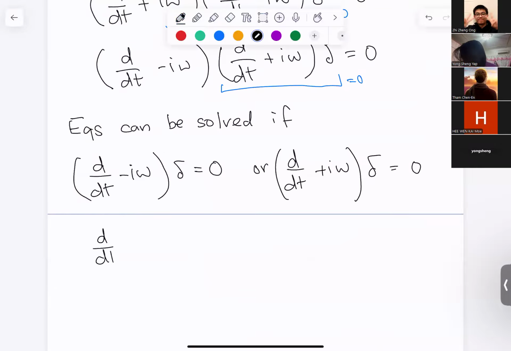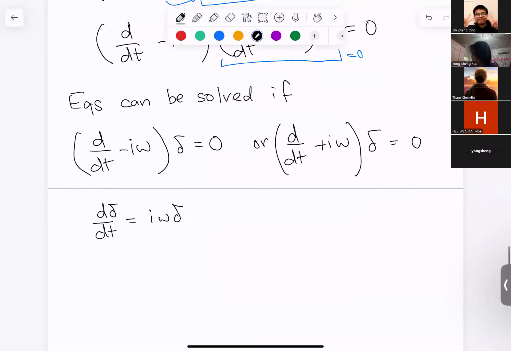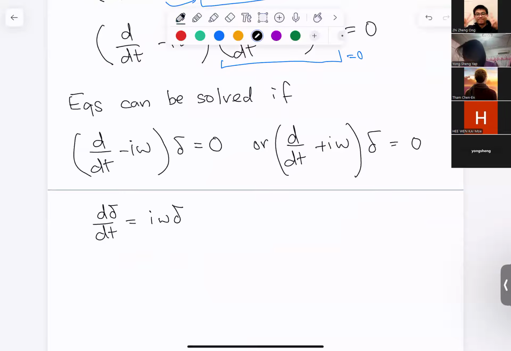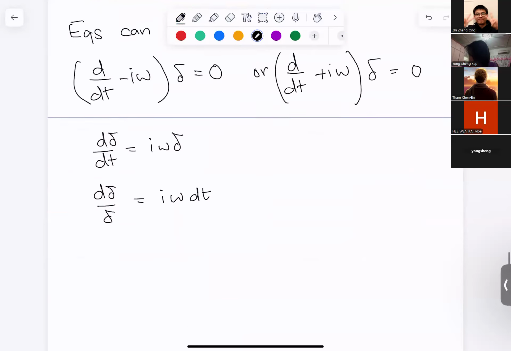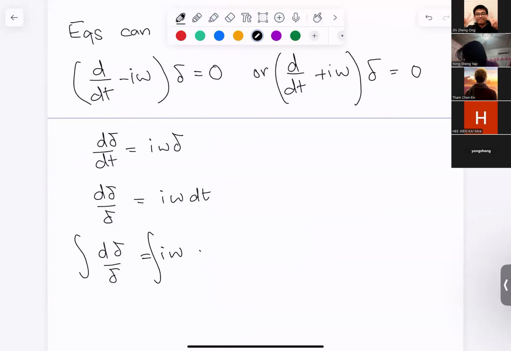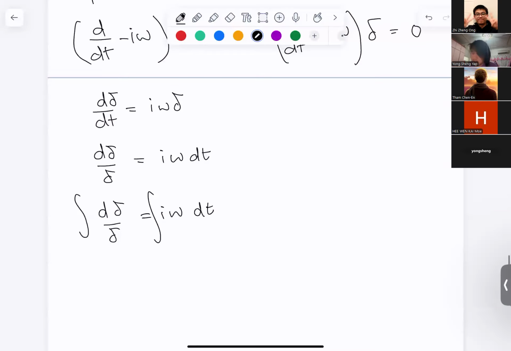Okay? This is basically d over dt of delta equals i omega delta. All right, you know how to solve this? This basically tells you that d delta over delta is equal to i omega dt. And integrating this out, can anyone tell me what the left-hand side integrates to?